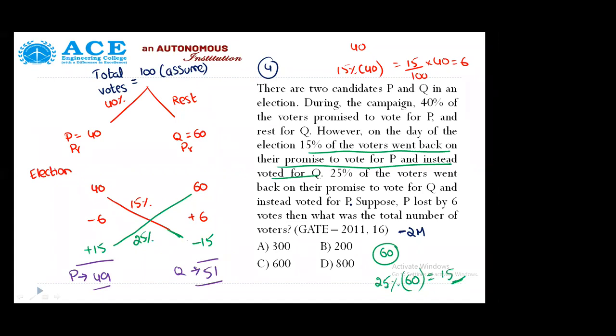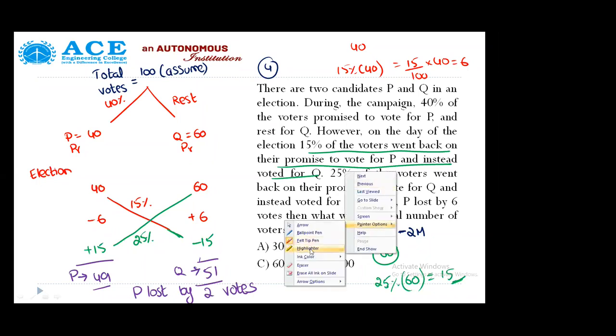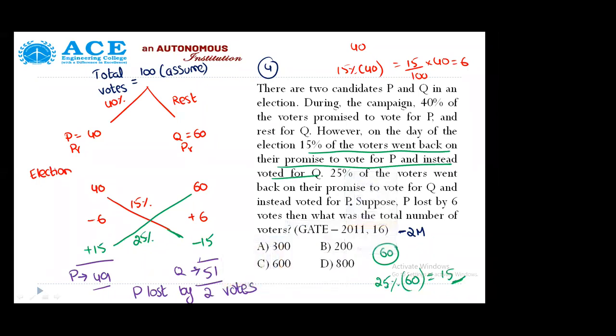He got 2 votes less, right? So P lost by 2 votes. But in the question they have given 6 votes. We took total votes as 100. That's why we got P lost by 2 votes. Now you want P lost by 6 votes as per the question.